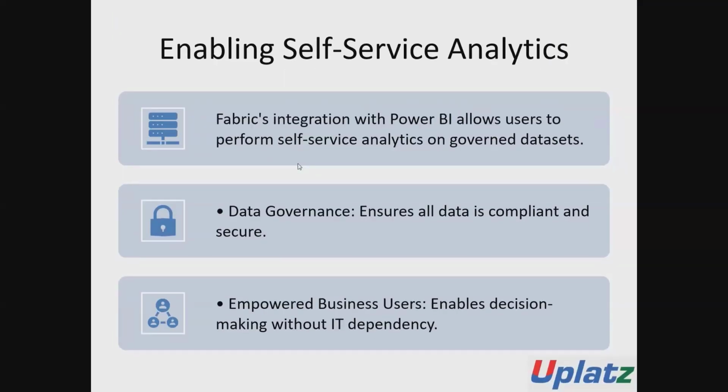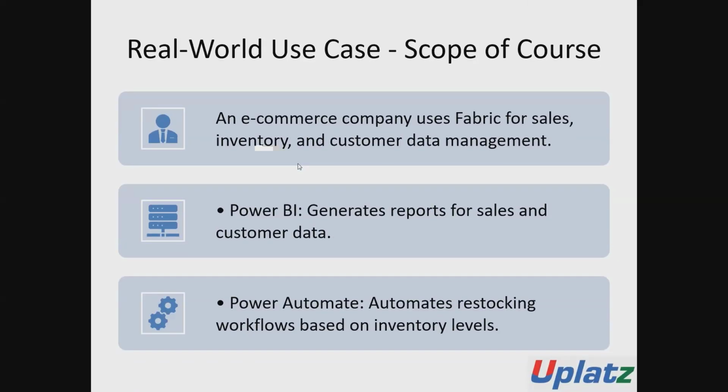One of the most important features of Power BI is the very essence of enabling self-service analytics. Fabric's integration with Power BI allows users to perform self-service analytics on governed datasets. We also have data governance, which ensures all data is compliant and secure, and it empowers business users. So it enables decision making without IT dependency.